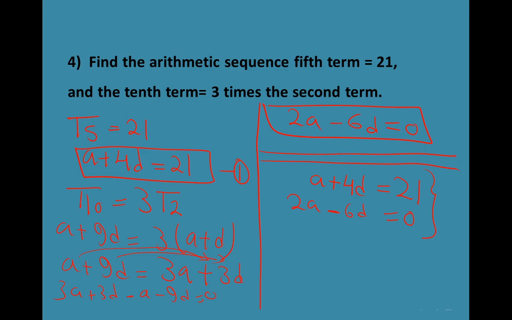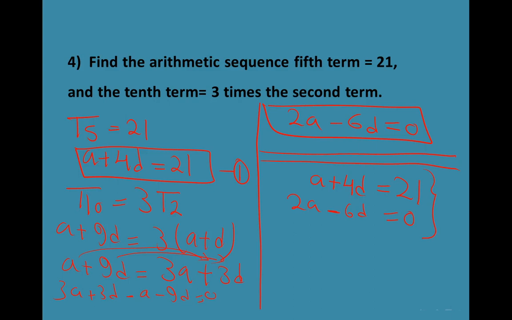Then I write the coefficient of each term in order: mode, 5, 1. I write A, the coefficient of the term A equals 1, then 4, then 21, then 2, then negative 6, and the last term is 0.